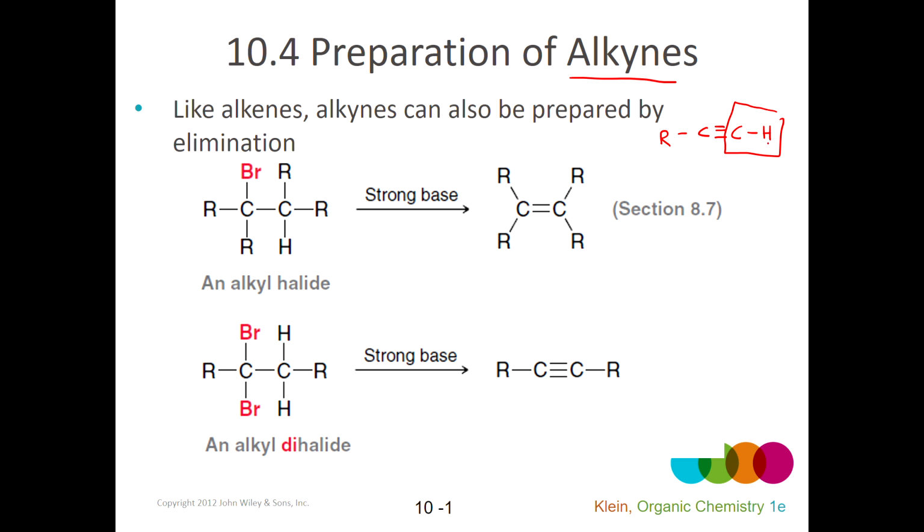That creates a situation where the pKa of this is low enough that there are a few strong bases, specifically the NH2 minus that we talked about, it comes with sodium counterion, is strong enough to pick up that proton and get a negative charge on a carbon.